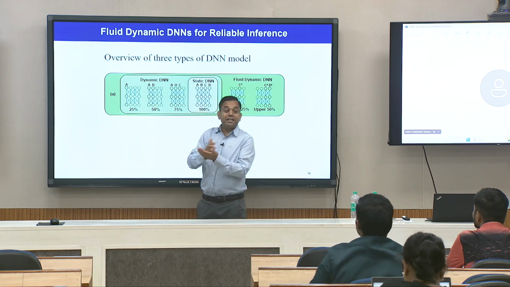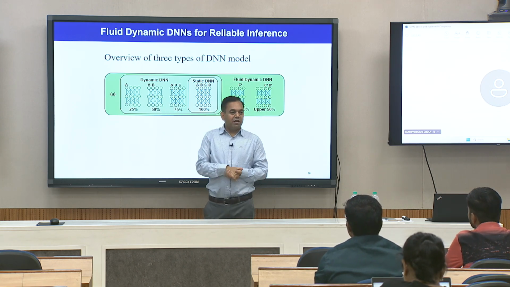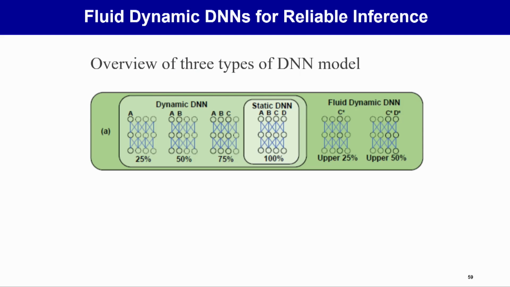Then they incrementally add another layer, and they train that as well. And then they incrementally add another layer and train this one. So this is like 75% of the model. And then they add the last layer and train it. So that is the dynamic DNN, how people have done it. And static is always fixed, it has all the layers.